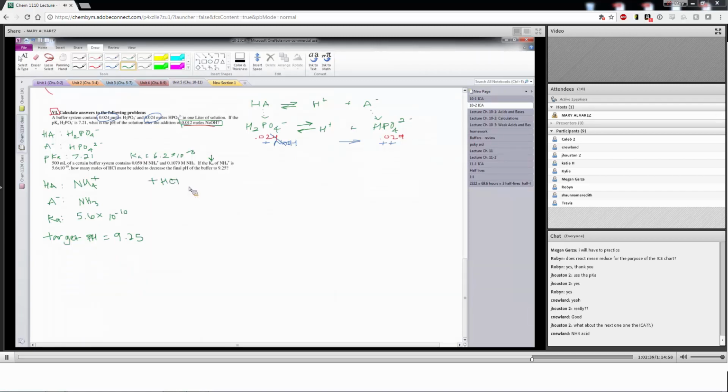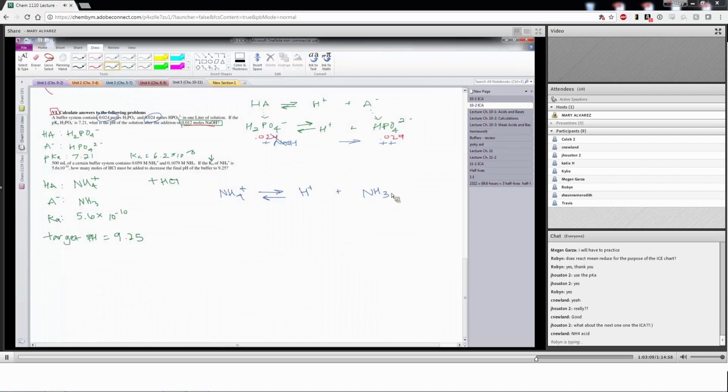First, let's write out our equation for the dissociation of our acid. It's always HA dissociates to H plus and A minus. So my HA, my NH4 plus, is dissociating to form my H plus and my NH3.